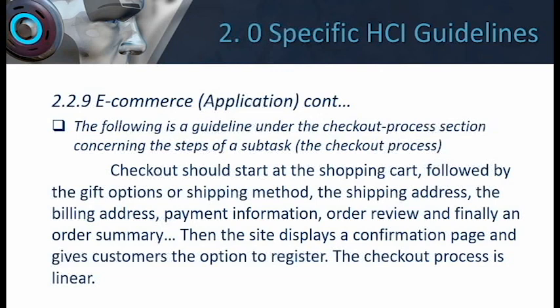Then payment information, you can pay through credit card or COD, no? Then order review, where you review your order, and finally an order summary. Then the site displays a confirmation page and gives customers the option to register. The checkout process is linear then.